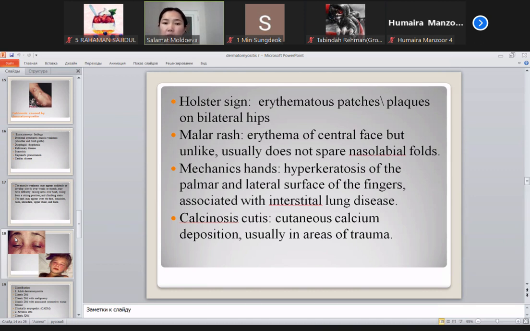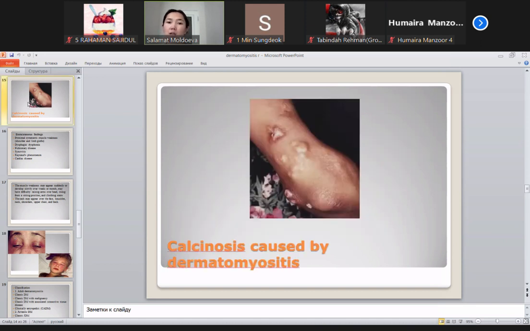These changes are strongly associated with interstitial lung disease. And calcinosis. For dermatomyositis, the presence of calcinosis is specific, students.